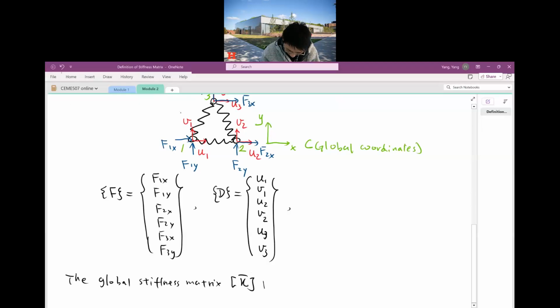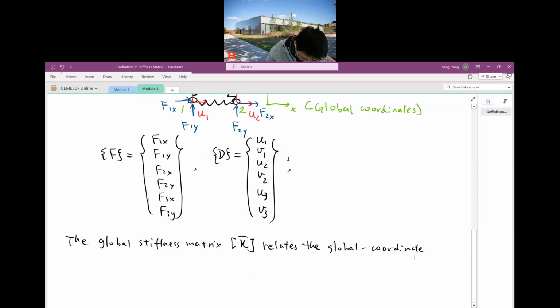It relates the global nodal displacements to nodal forces.